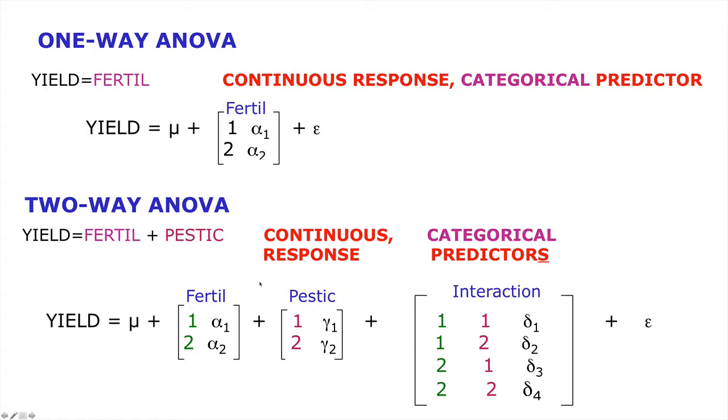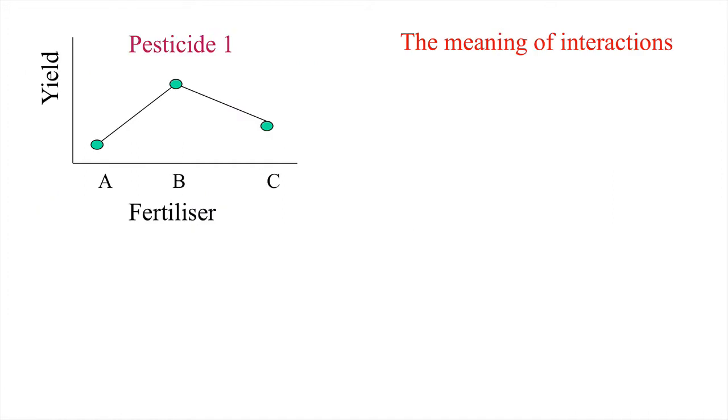Let's have a look graphically at what we mean by an interaction. So let's say we've done an experiment in which we have varied the levels of the fertilizer. We have A, B, and C, and we have a response, yield. And let's say that these points more or less represent what the population means are, so they're pretty reliable. So here we can see that fertilizer B produces the higher yield when at least we have pesticide 1 applied.